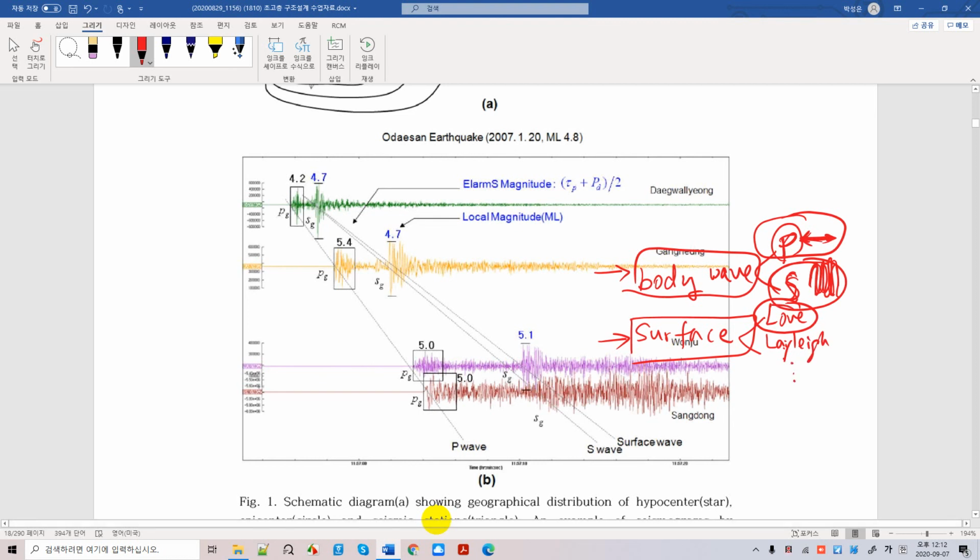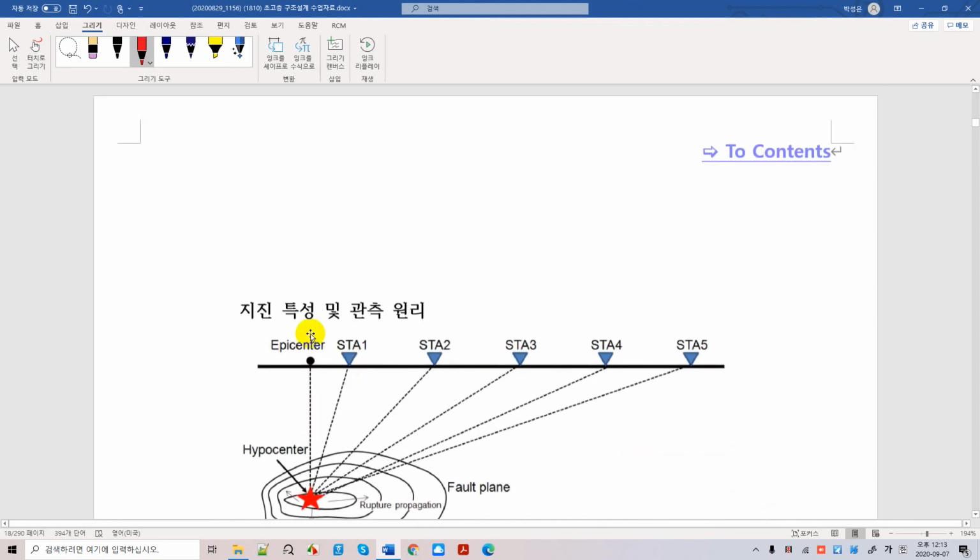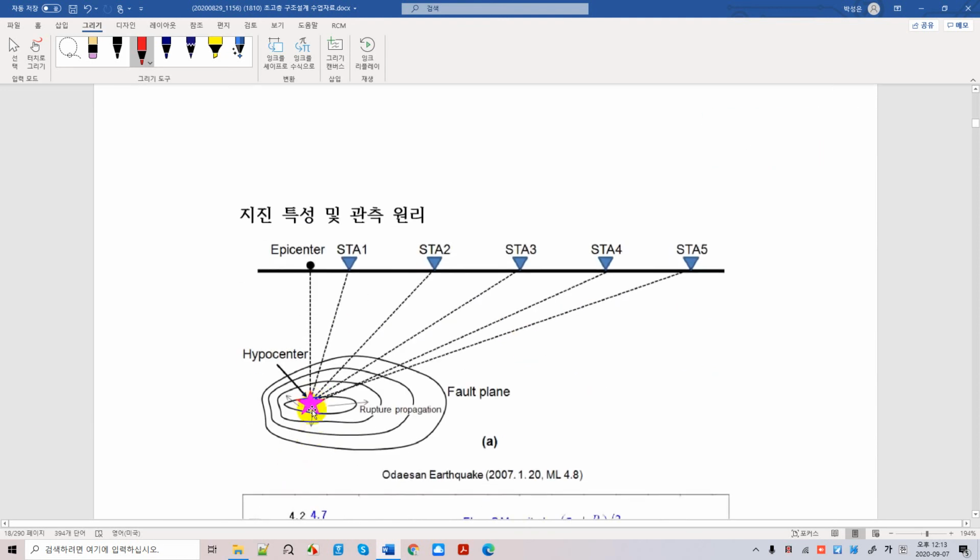When an earthquake occurs, you always see the P wave first. Let's say these are stations A, B, C, D and E, and the point where the earthquake originated is called the hypocenter, and if you project that onto the surface, the point is called the epicenter.